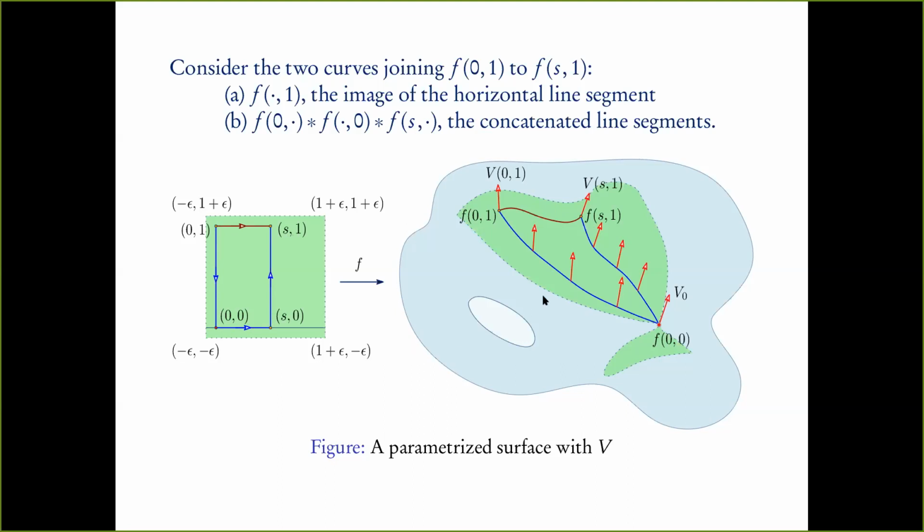So in the picture that should correspond to going down all the way using this blue. Remember that all of this line, x-axis, maps to a constant. So this horizontal blue segment will map to this point only, and then it moves up through the other blue line to f of 0, 1. So these are the two obvious curves joining f of 0, 1 to f of S1.